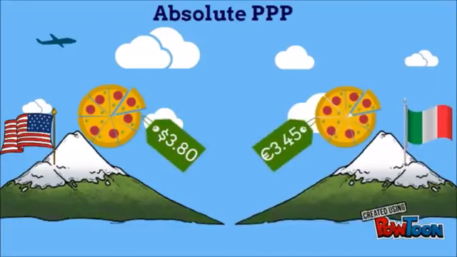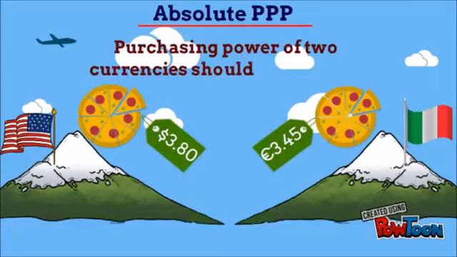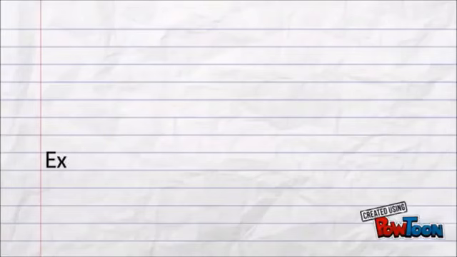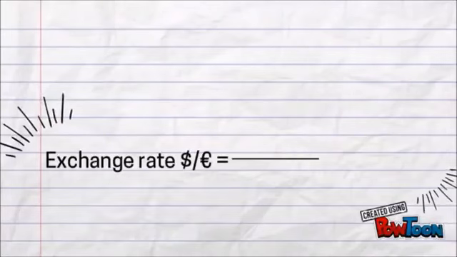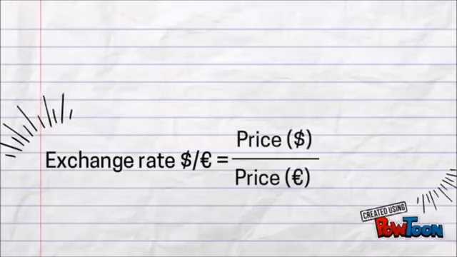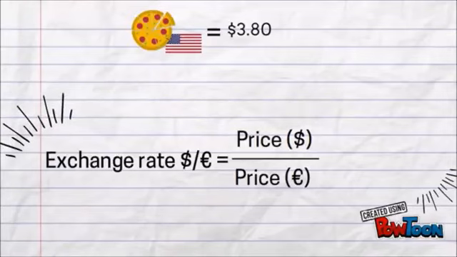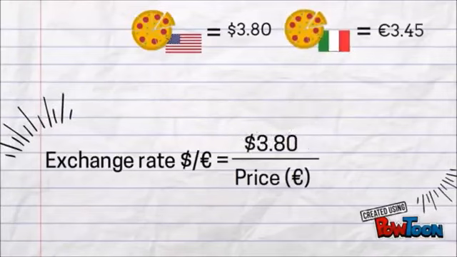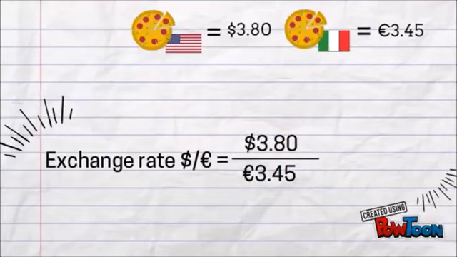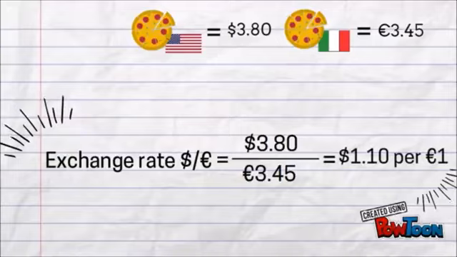Then, according to the law of one price, also known as absolute PPP, the purchasing power of the two currencies should be the same. Hence, the exchange rate should be a matter of finding the ratio of the two prices. Thus, if we divide the price of the pizza in the US by the price of the pizza in Italy, we get the exchange rate for US dollars and euros. This means that each euro is equal to $1.10.